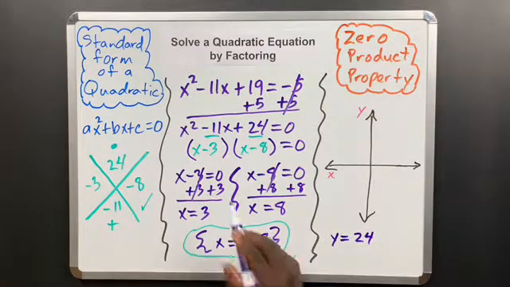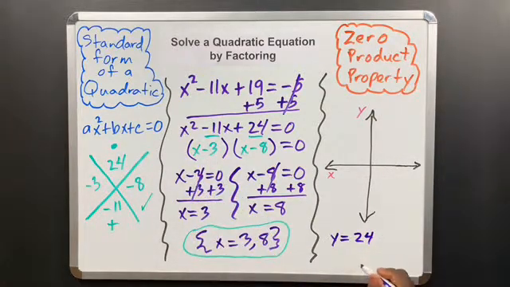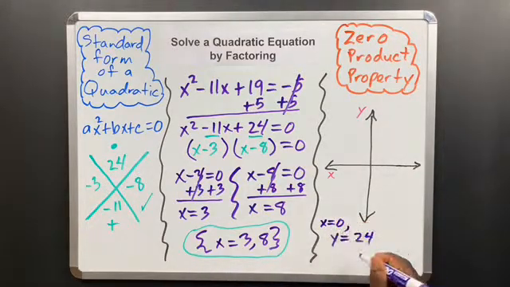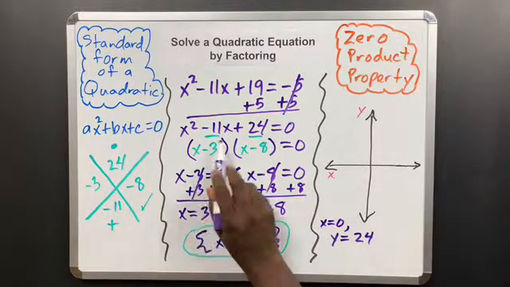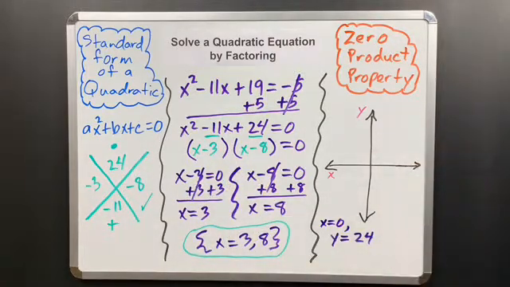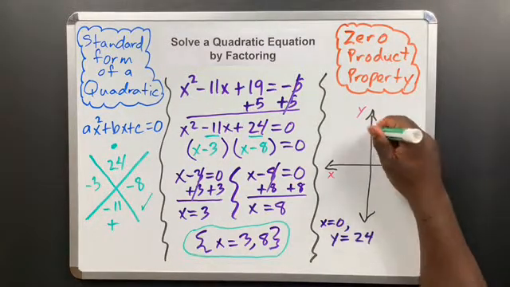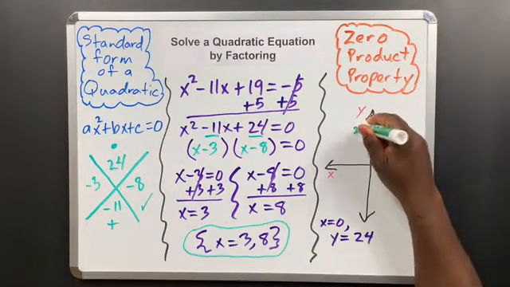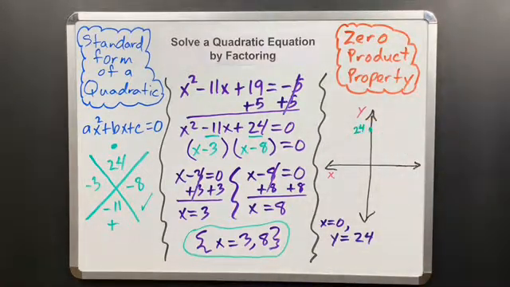Okay? So when x is equal to 0, then y equals 24. All right? So let's go ahead and plot that. When x is equal to 0, y would be equal to 24.